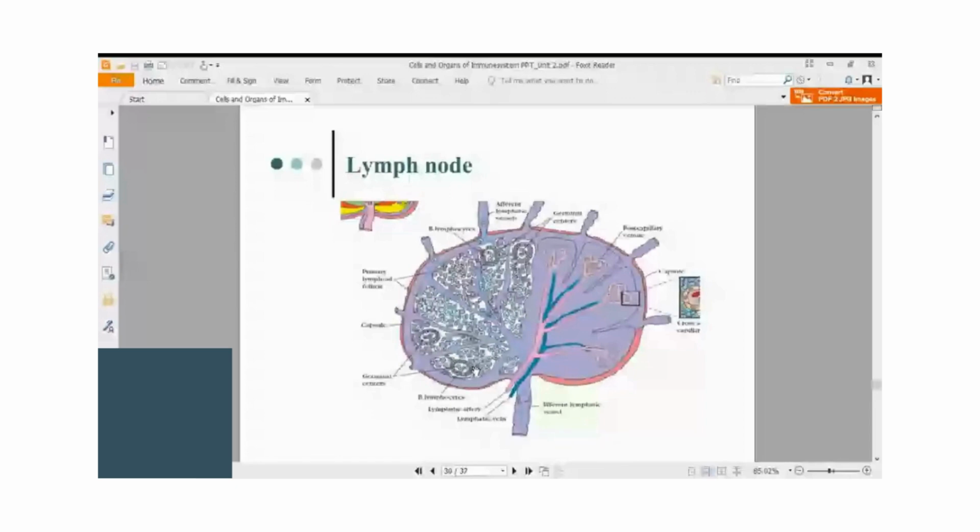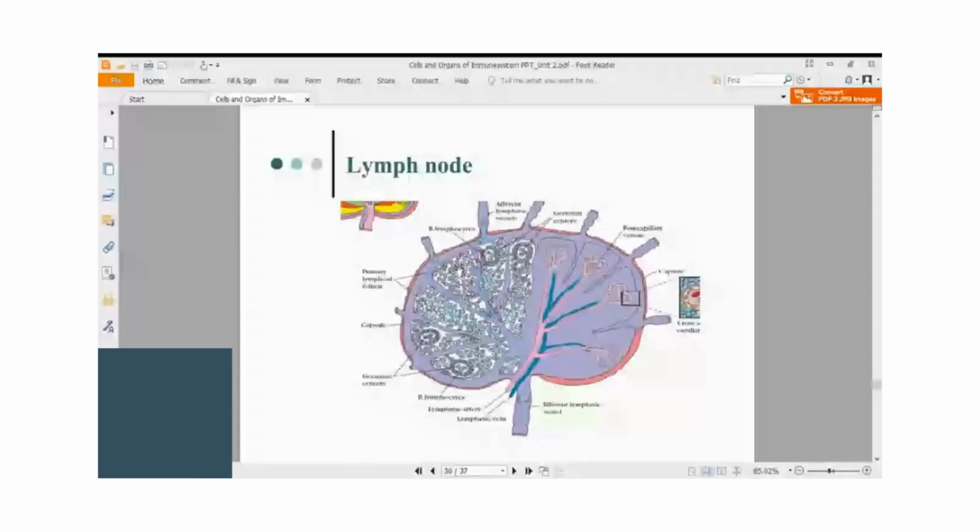As I had mentioned in the spleen, the secondary lymphoid follicles are the ones which are showing excessive proliferative activity, and a large number of the T and B lymphocytes are committing themselves to the antigen that is being presented by the antigen presenting cells in the secondary lymphoid follicle.